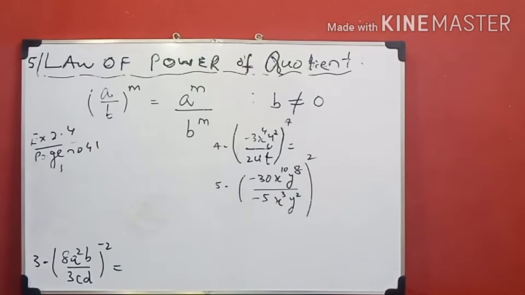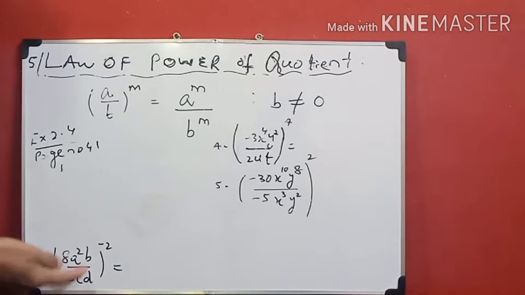First we look at the question. The bases or variables are different in the numerator as well as the denominator, and the numbers 8 and 3 do not come in the same table. Therefore first we reverse the numerator to the denominator and the denominator to the numerator, so the power becomes positive.